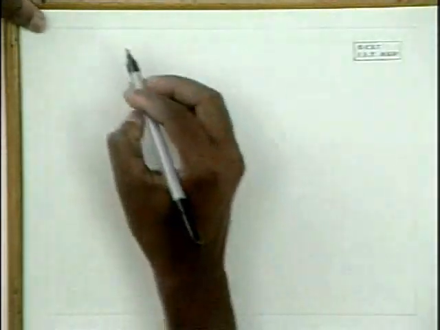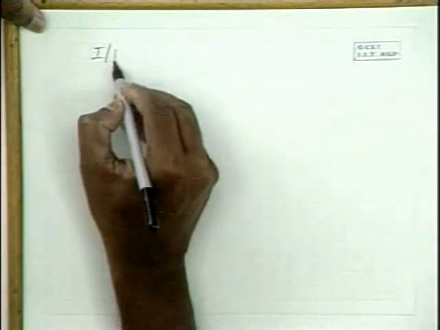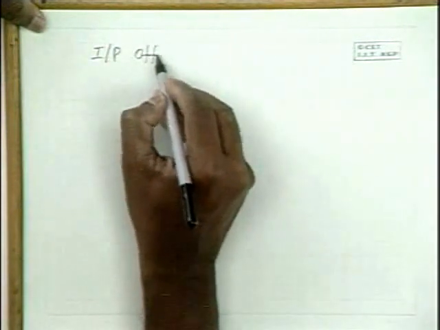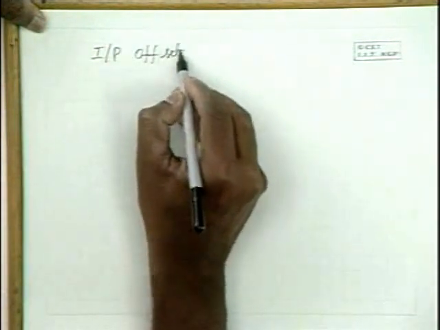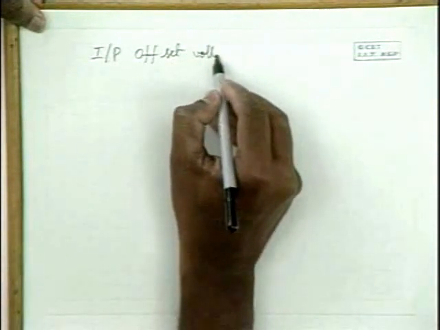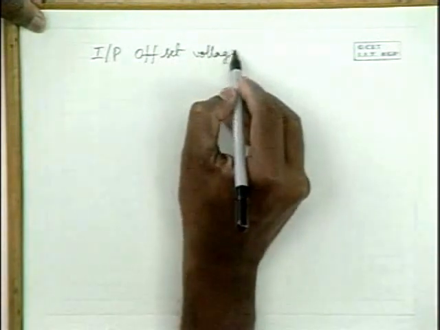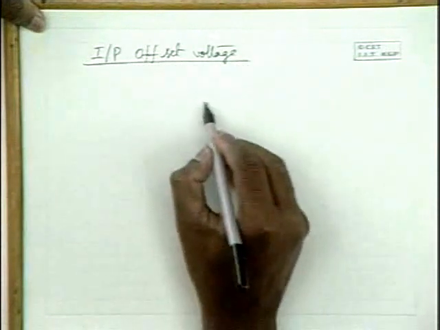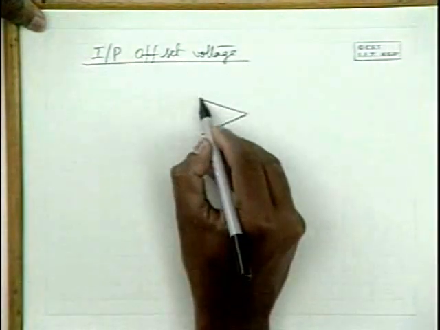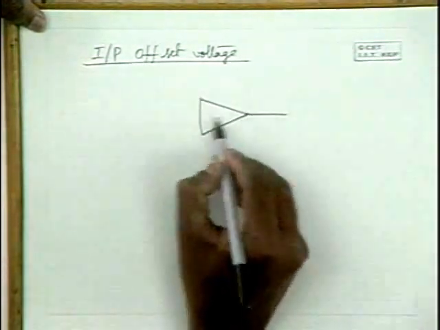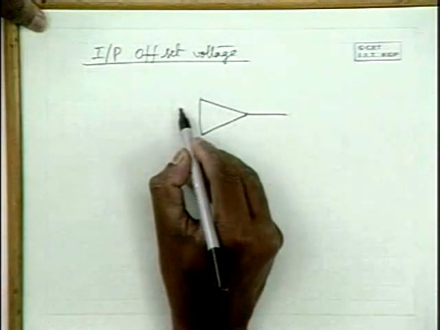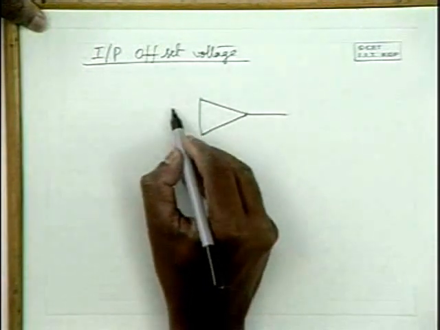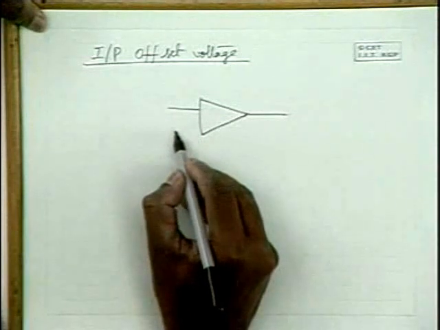Equivalently, you have an input offset voltage. For the output to be 0, you may have to apply some input voltage.